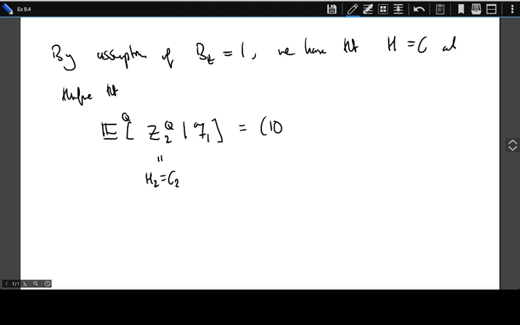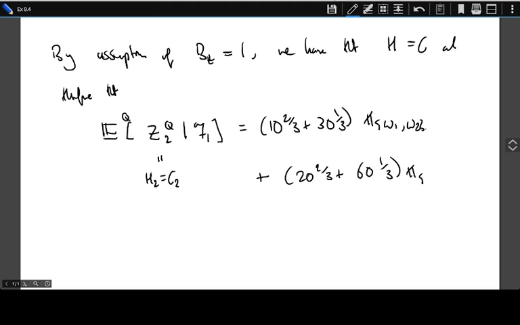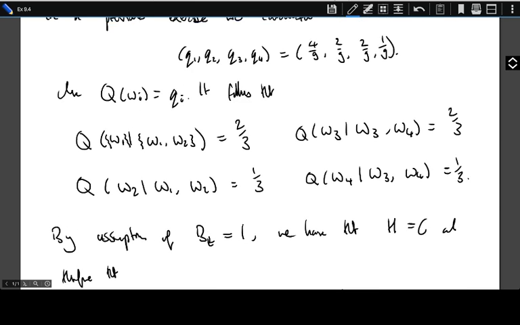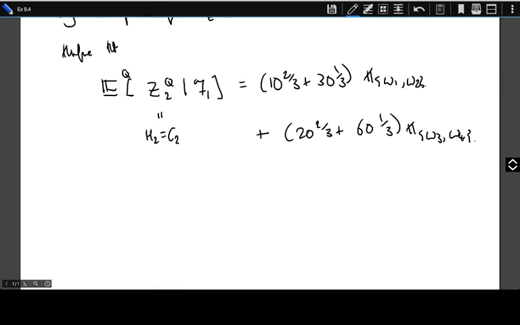10 times 2/3, add 30 times 1/3 on the event {omega 1, omega 2}, just using the conditional probabilities that we calculated above, plus 20 times 2/3 plus 60 times 1/3 on the event {omega 3, omega 4}, using the values that C takes and these conditional probabilities that we calculated above.